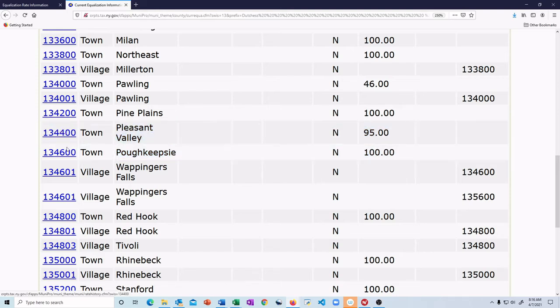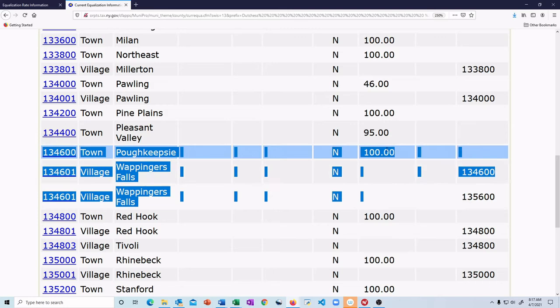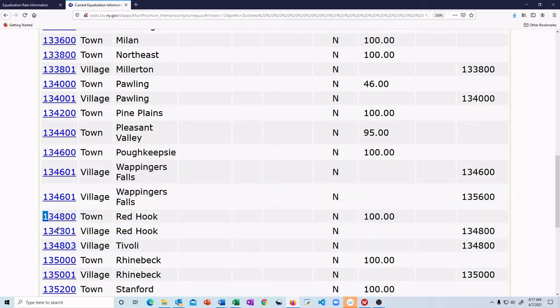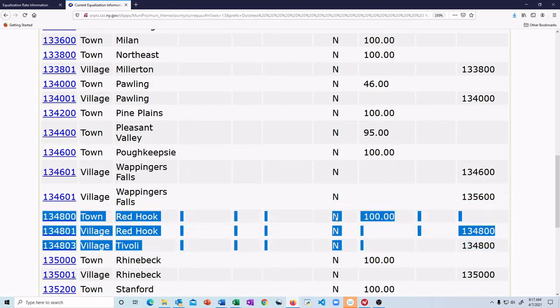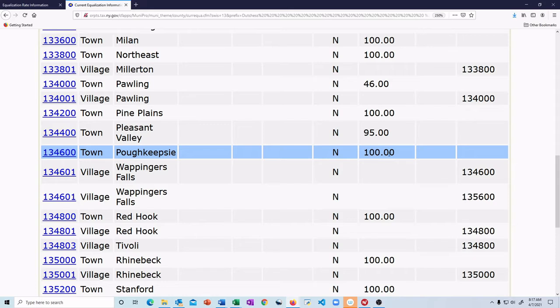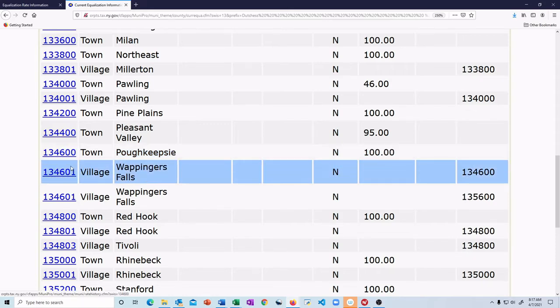So it looks like there's big jumps between the numbers. But this one is the same number, just one. These are connected. So this is all 100%. These are connected together. All just go with the 100%. So if you're looking around, just look for the assessment level given that's connected to yours.